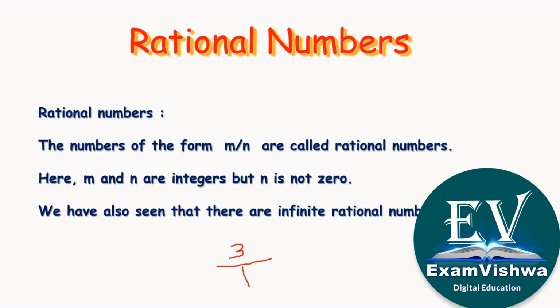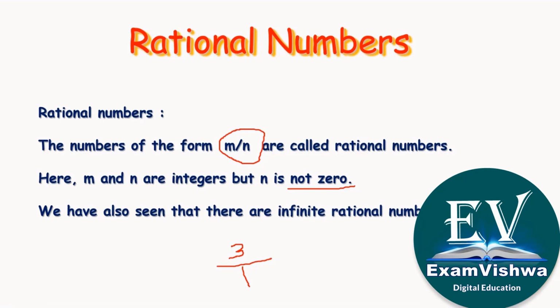So all natural numbers, whole numbers, integers, and the numbers in between integers which can be represented in m upon n form are called rational numbers, with a condition that n is not 0. M and n are integers, but n is not 0. That means the denominator is not 0.